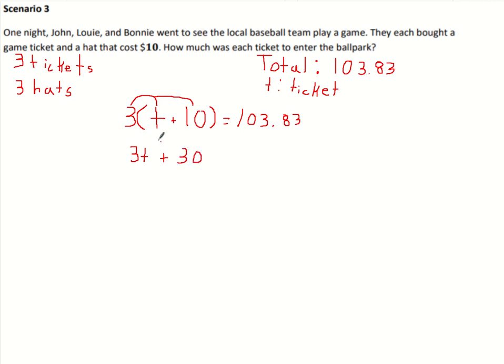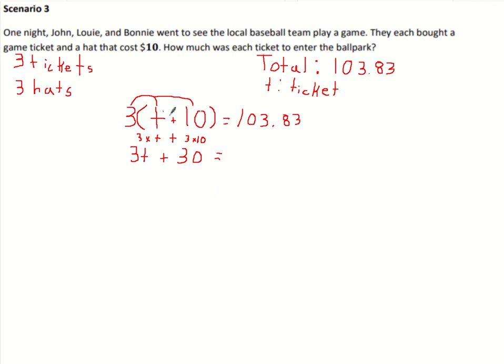Now I know that normally we write the step of 3 times t plus 3 times 10. But I've just omitted that from this one because it's completely fine.